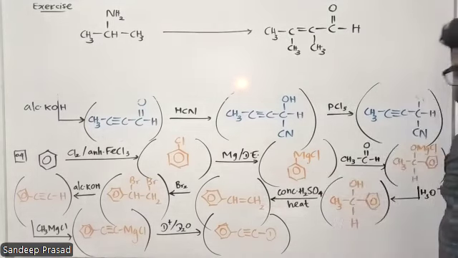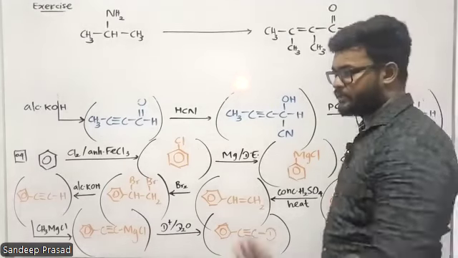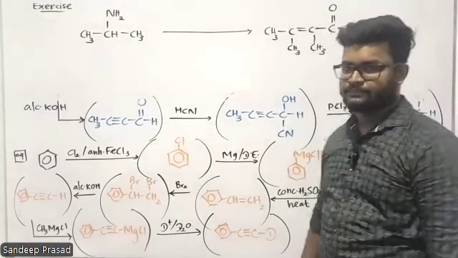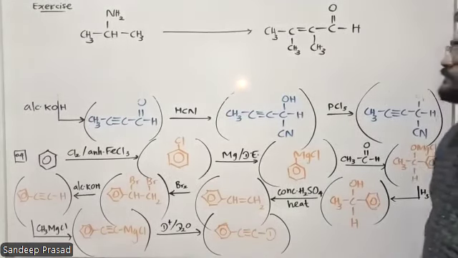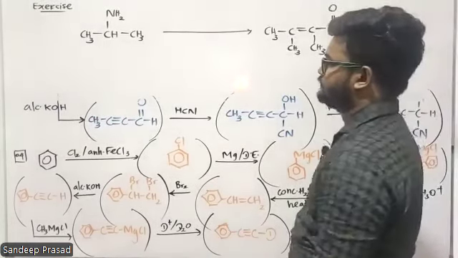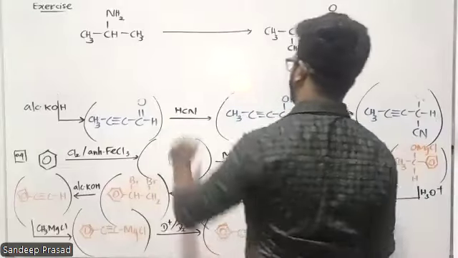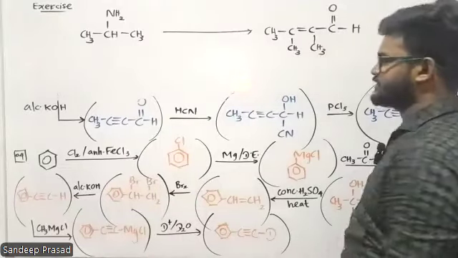This is the only organic compound you have to use. Other chemical reagents can be used. Using this one as the only organic compound, you have to do this conversion.